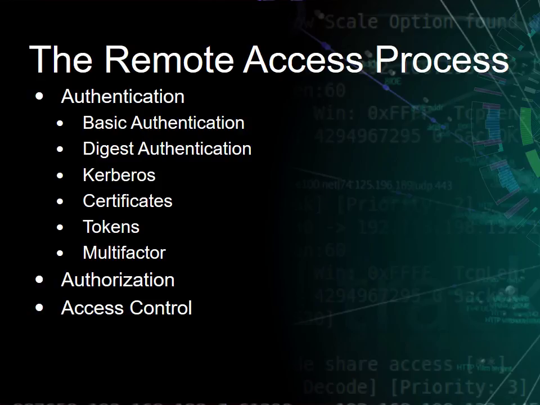You can use certificates as a means of authentication for logins. A token is a hardware device, as we talked about, that changes every minute or whatever the frequency is for your system, that provides you something you have and something you have to know at the same time. And then I touched on multi-factor previously in the last slide.